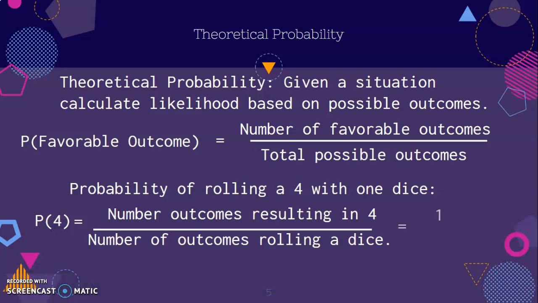The number of outcomes resulting in a 4 is just 1. If we looked at the sample space for the number of dice roll outcomes, it's just 1 through 6. So 4 only shows up once. And the total number of outcomes for rolling a dice is 6. So there's 6 different outcomes when rolling a dice. So the answer to this question is 1 divided by 6, which is about 16.7%.